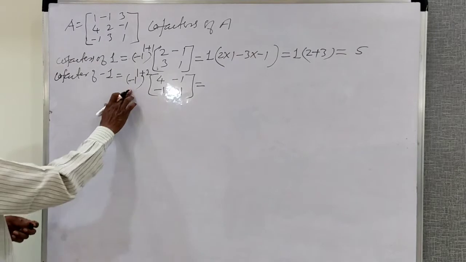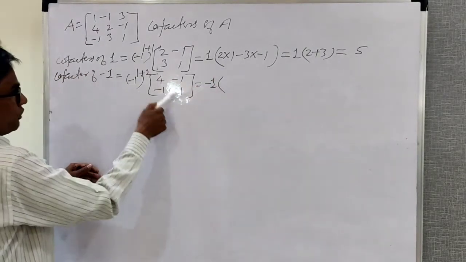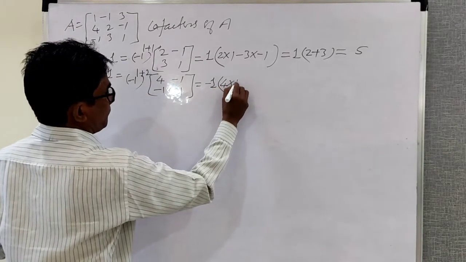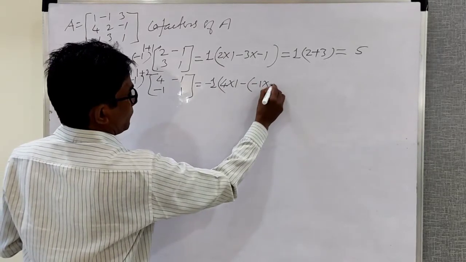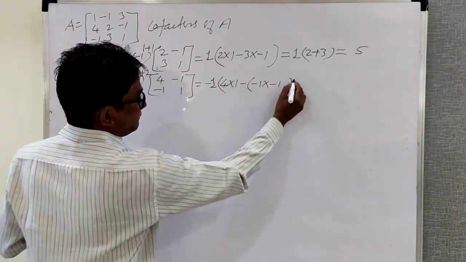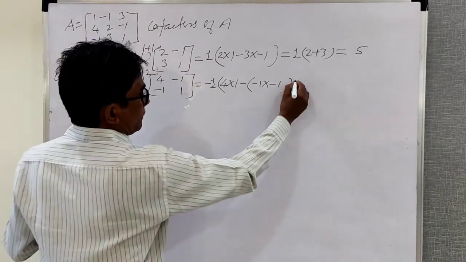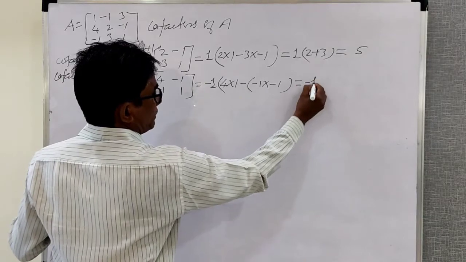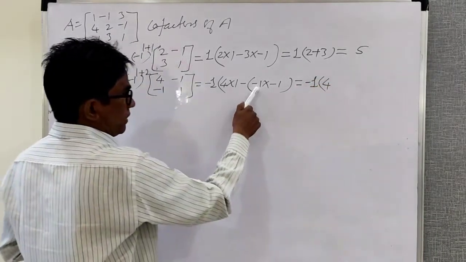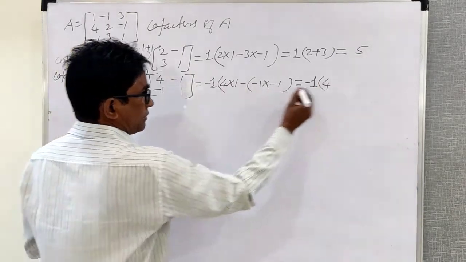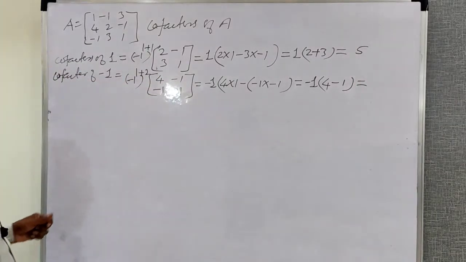So 3 is odd number, therefore it is minus 1 into 4 into 1 minus 1 into minus 1, which is equal to minus 1 into 4 into 1 4, minus 1 into minus 1 plus 1, plus 1 into minus 1. So 4 minus 1 3, 3 into minus 1 minus 3.